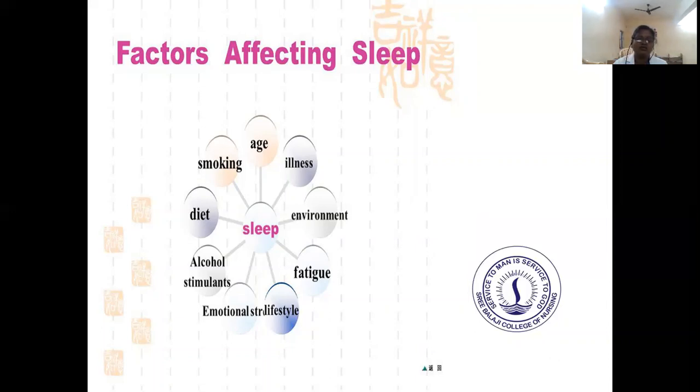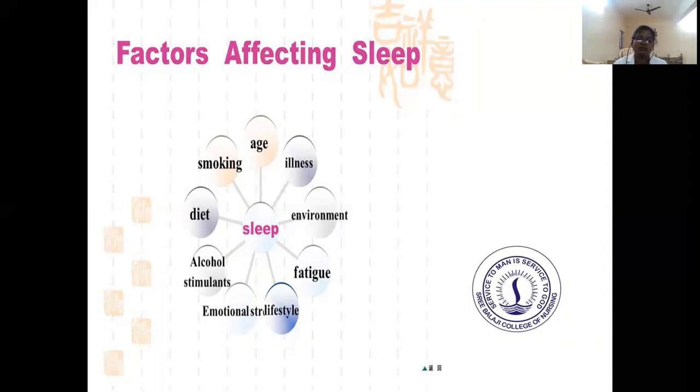Some illness. If you're having stomach pain, can you sleep? No. It may disturb your sleeping pattern. Environment. If the environment is very noisy, can you sleep? No. If there are so many lights in your room, will you sleep? No. Fatigue. So true. When you are feeling so tired, you are not getting sleep.